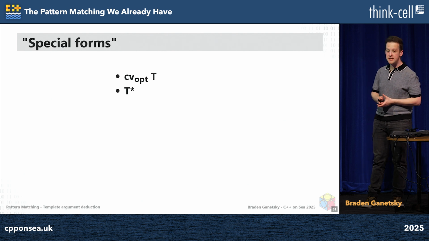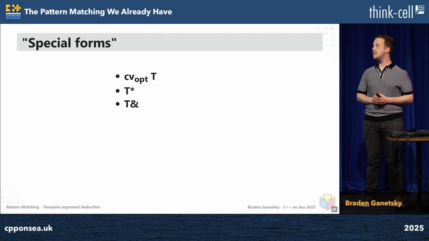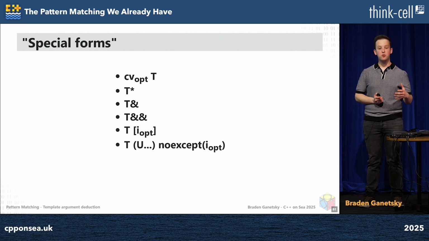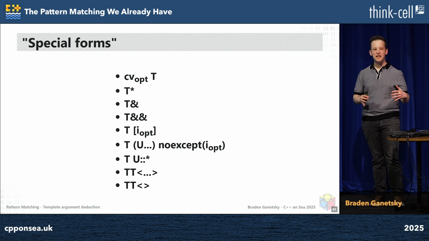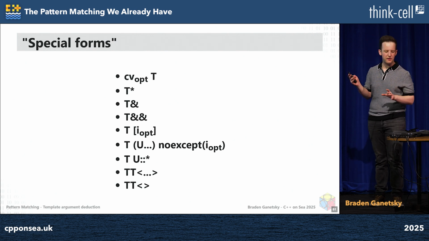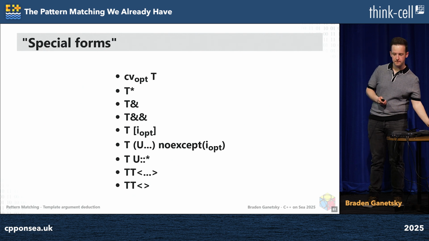It could be a pointer to t, it could be an L value reference to t, it could be an R value reference to t, it could be an array of t with an optional bounds, it could be a function returning t taking some number of parameters with an optional noexcept specifier, it could be a member pointer, it could be a template that has some stuff in it, or it could be a template with nothing in it. And these are effectively the special forms that we have to match against. It's slightly different in the standard. I'm just simplifying it for digestibility.